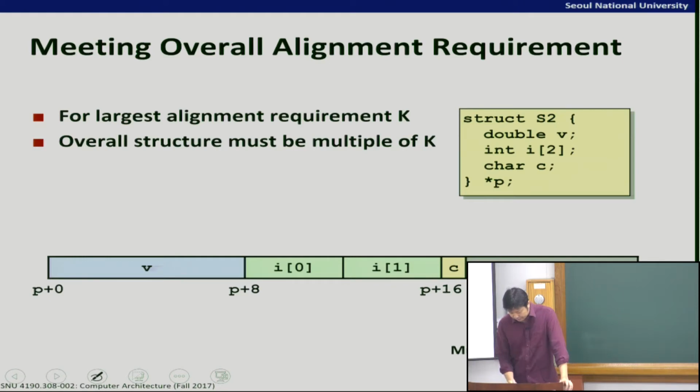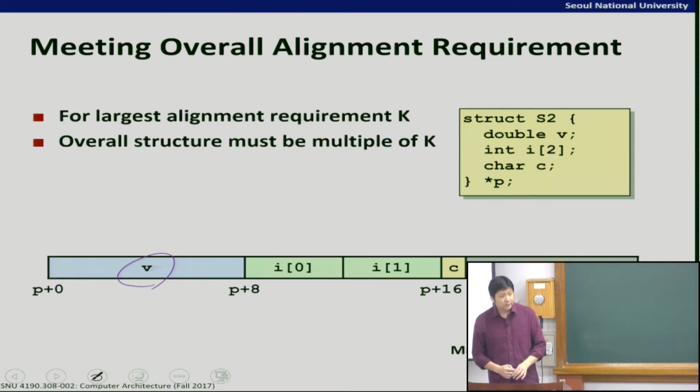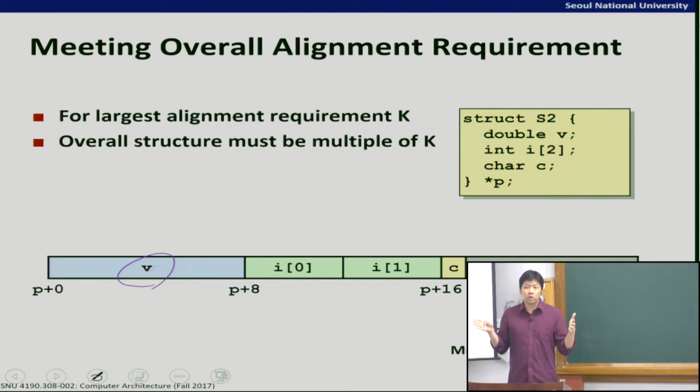It starts with the double, which takes 8 bytes, followed by 2 integers, each of which takes 4 bytes. The last one, the character, only takes 1 byte. Even in this case, the alignment requirement for the entire struct is 8, because it's determined by the largest field, in this case the double field.